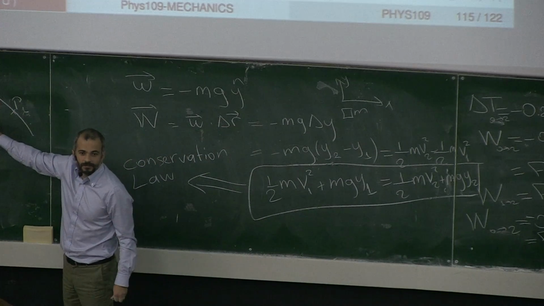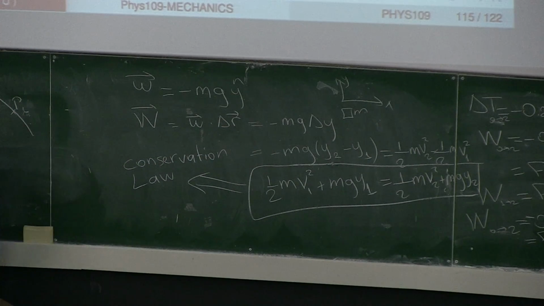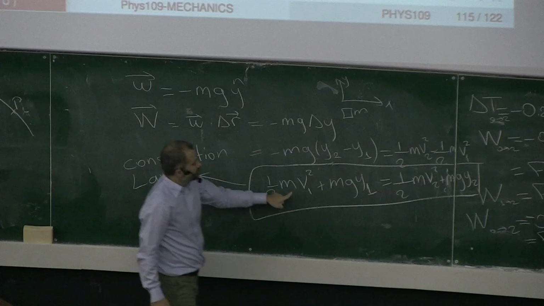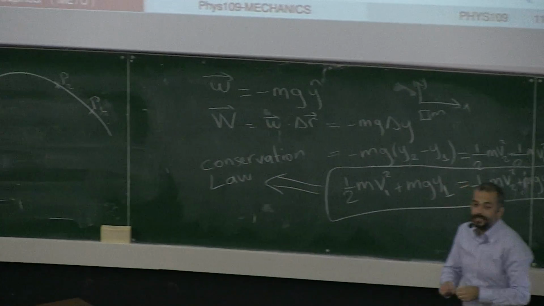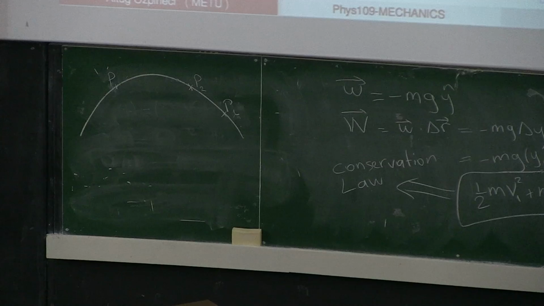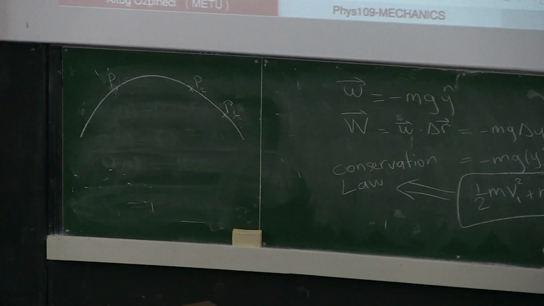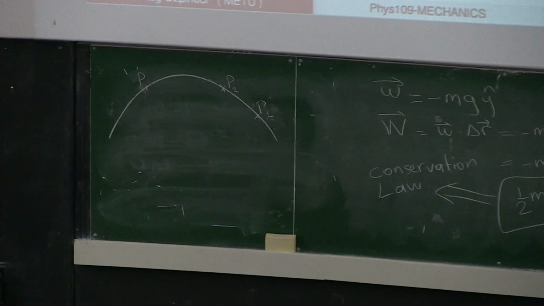Well, we can generalize this. If I had calculated for any other point along the trajectory of my object, that thing, 1/2 m v squared plus m g y, is something that is the same along the trajectory. It doesn't change as we go from one point to the other point on the trajectory.